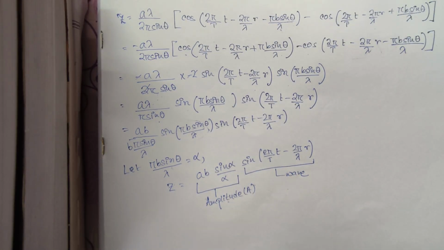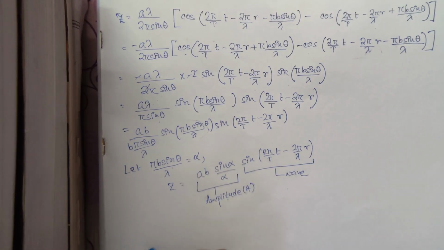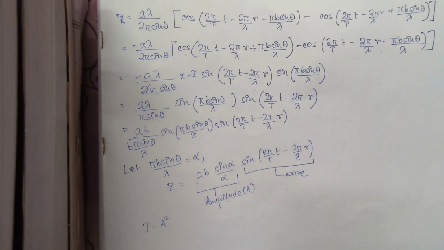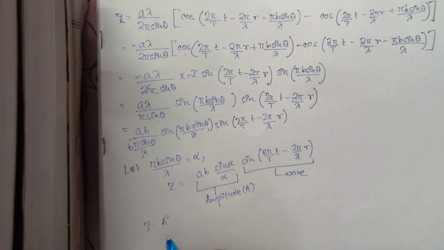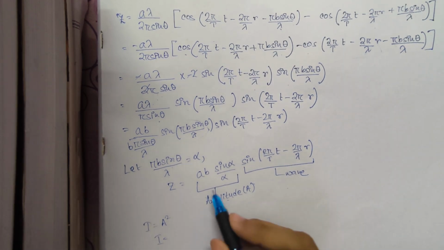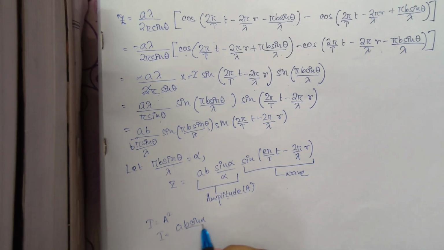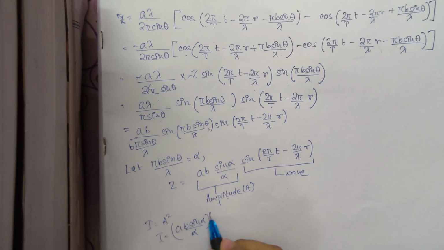Now as we are calculating the intensity, we know that I equal to A square, that is, the square of the amplitude is equal to the intensity I. So I can write I equal to (a b sine alpha by alpha) whole square.